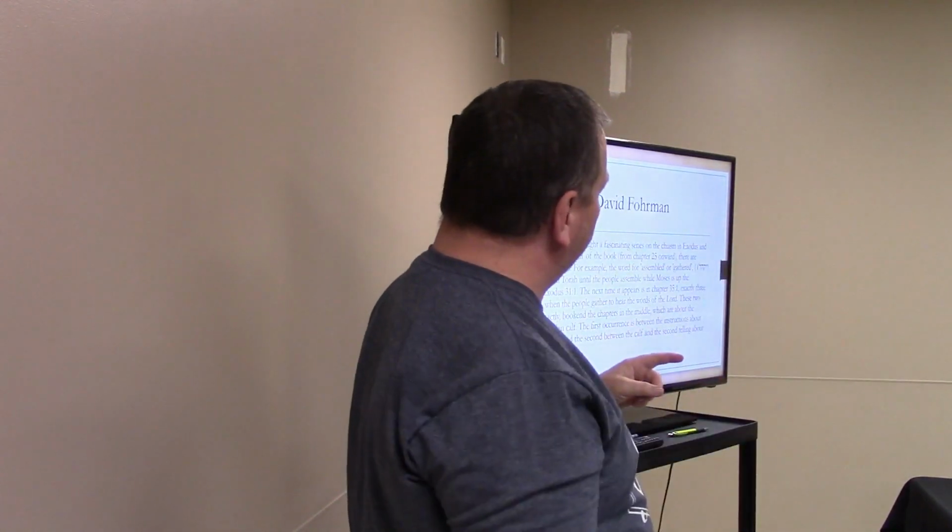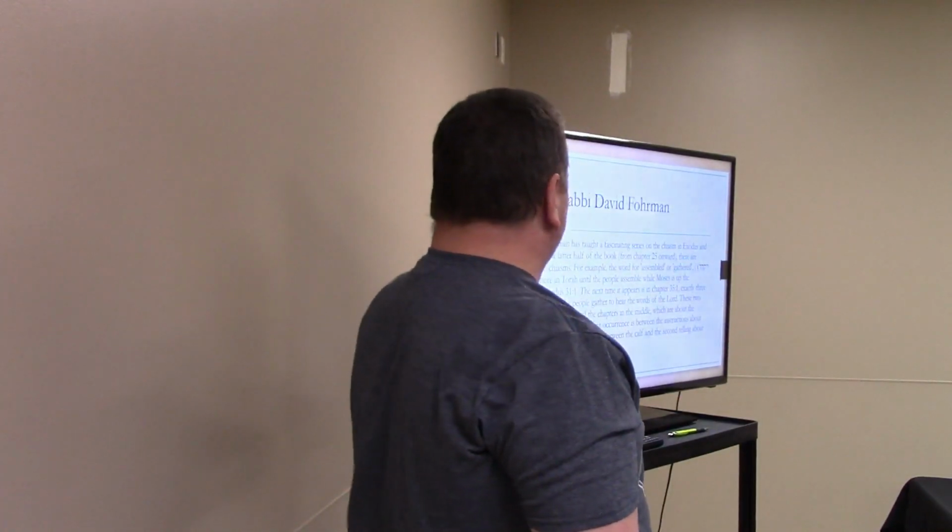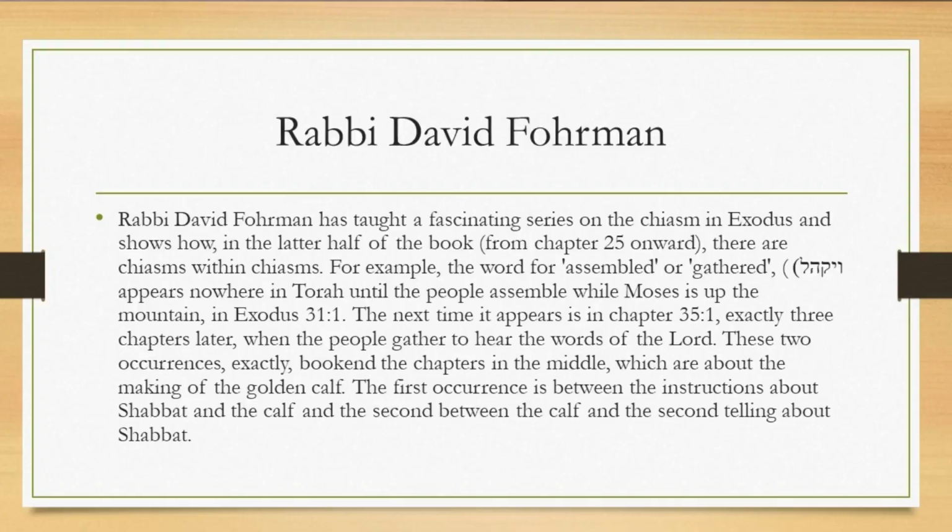The next time it appears is in chapter 35, verse 1. Exactly 3 chapters later, where the people gather to hear the words of the Lord. These two occurrences exactly bookend the chapters in the middle, which are about the making of the golden calf.